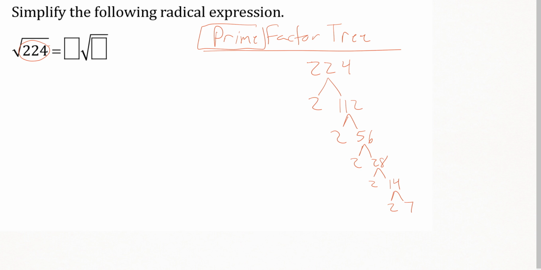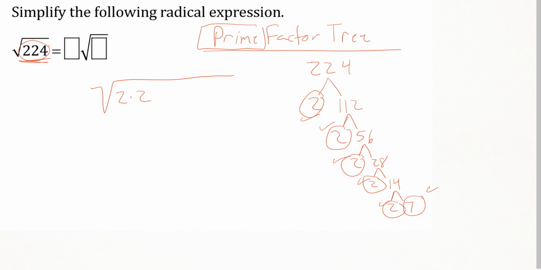And now what I can see is that the ends of all of my limbs here are prime numbers. So what you want to do is grab all of those numbers, and we're going to replace the 224 from our original problem underneath the square root with that. So that original 224 is now going to be rewritten as 2 times 2, so that's the first 2, and then we're going to grab this 2, this 2, this 2, and this 7.